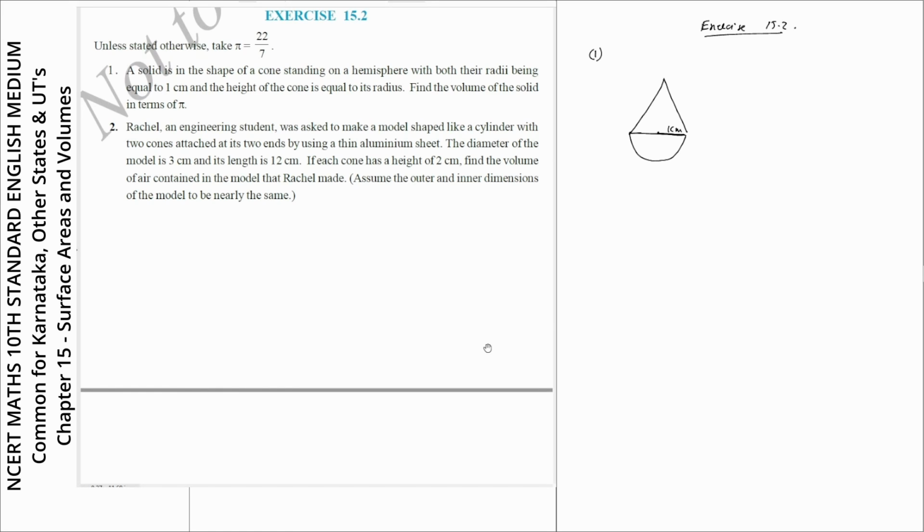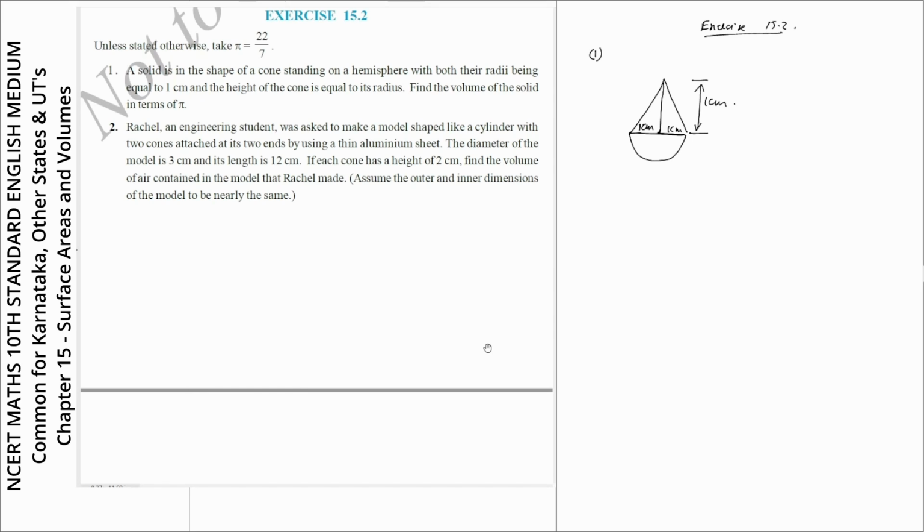The height of the cone is equal to the radius, so the height of the cone also is 1 centimeter.